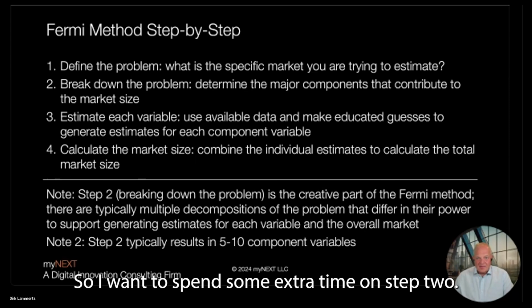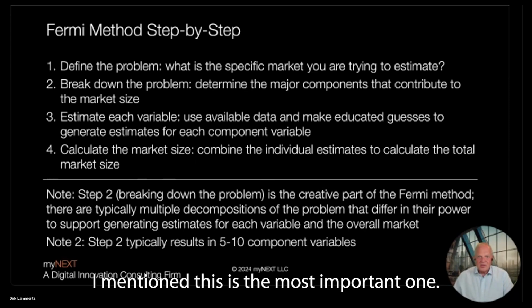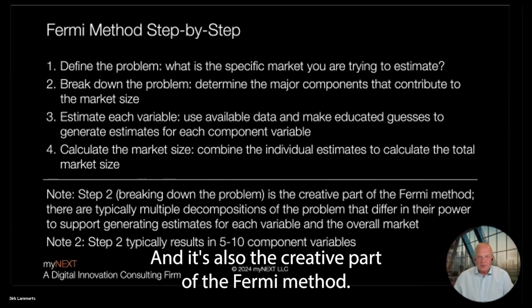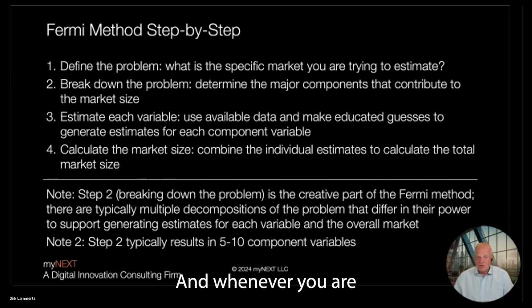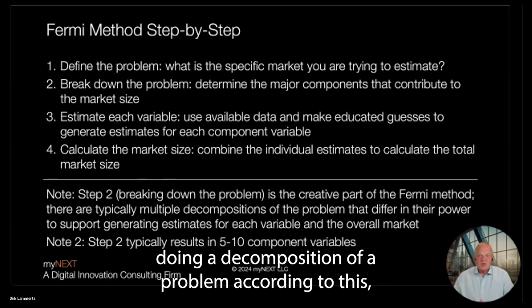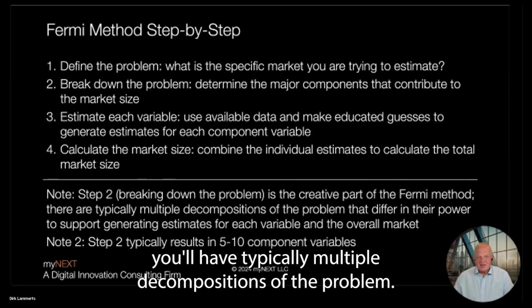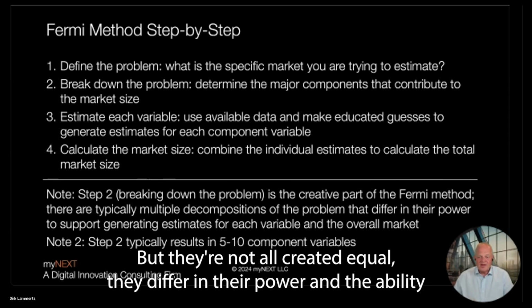So I want to spend some extra time on step 2. I mentioned this is the most important one, and it's also the creative part of the Fermi method. Whenever you are doing a decomposition of a problem, you typically have multiple decompositions, but they're not all created equal.